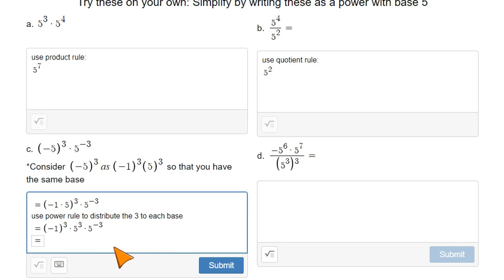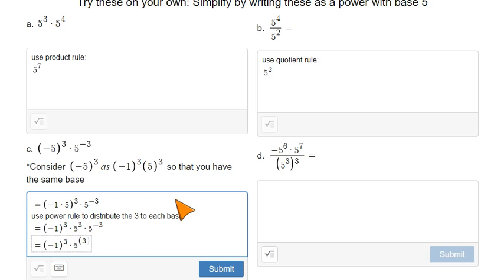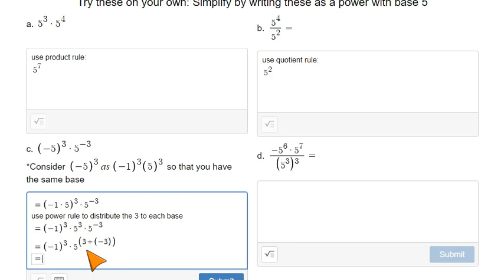So I'm going to continue to simplify. These two have the same bases, so I'm able to use the product rule to simplify. Okay, so let's simplify the exponent here.